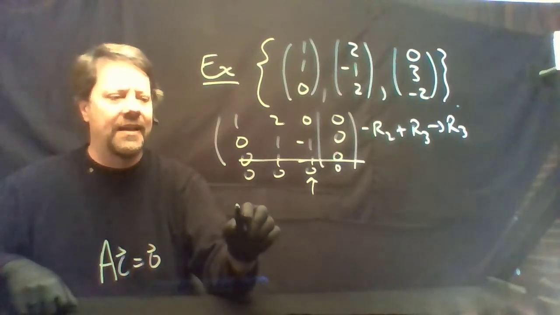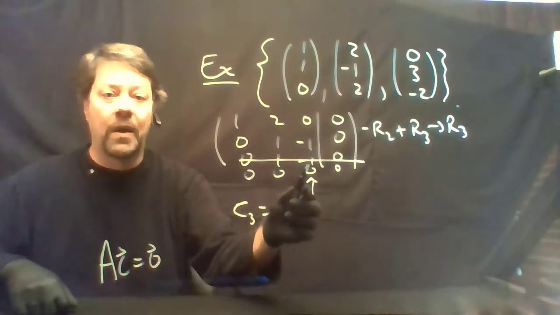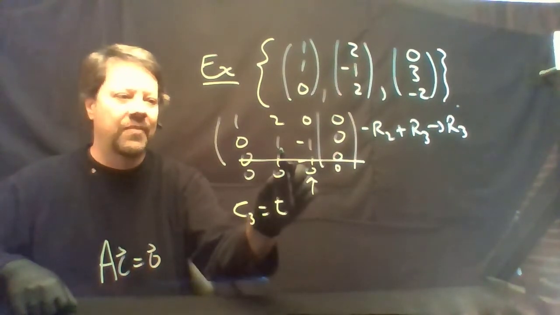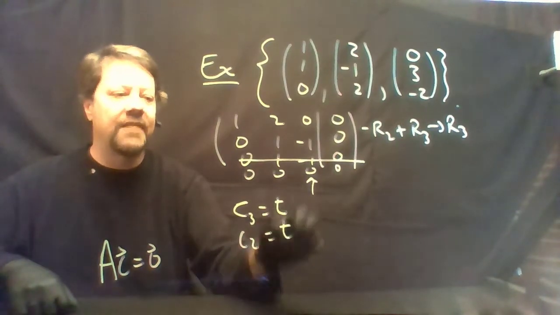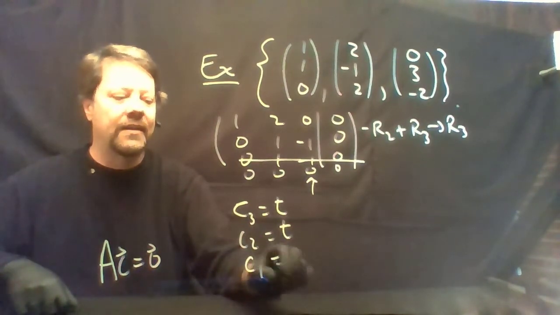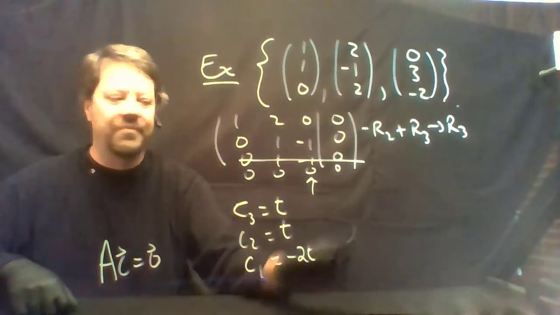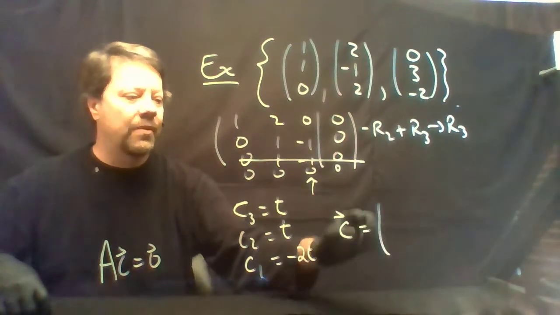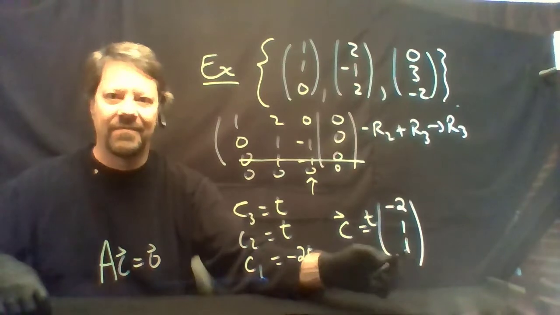You can see we'll have C3 equals anything you want because it's the free variable. Let's call it t. Then C2 will be t, and C1 will be minus 2t. So the vector C will be anything of the form t times negative 2, 1, 1.